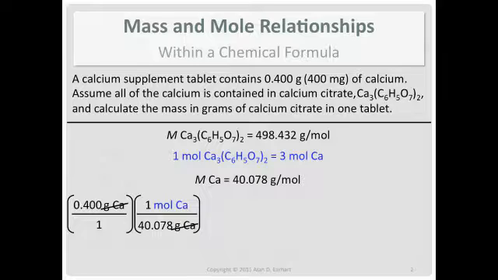Now see how in the molar mass conversion, I wrote it as moles of calcium over grams of calcium? Here's the reason why. Now I'm not just writing it as 1 over 3 or even 1 mole over 3 mole. I'm writing it as 1 mole of calcium citrate over 3 moles of calcium. And then look what happens with my units.